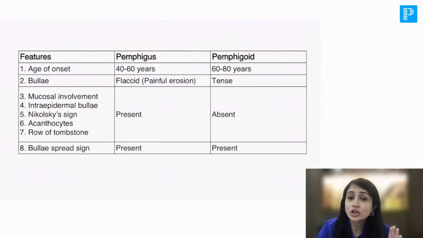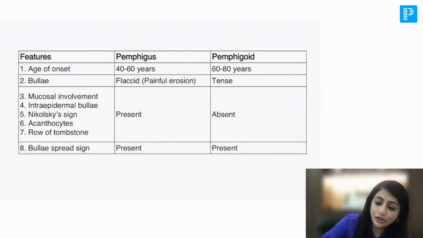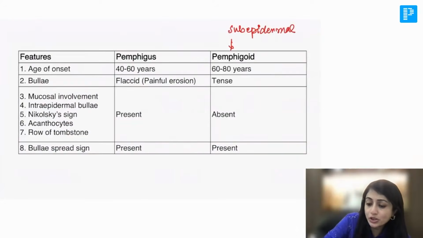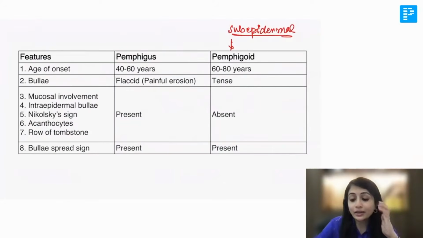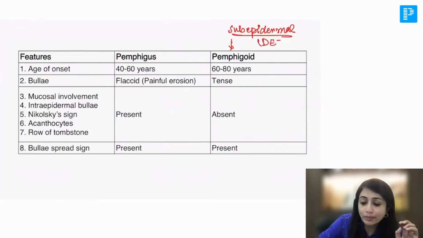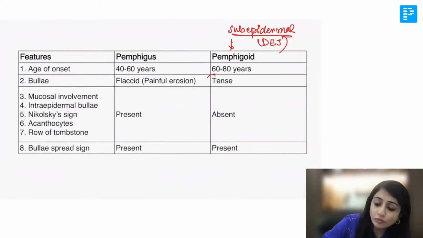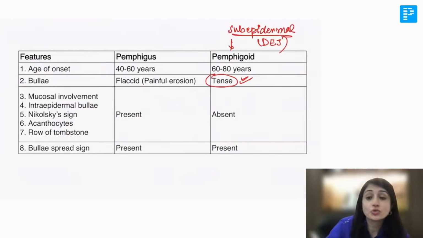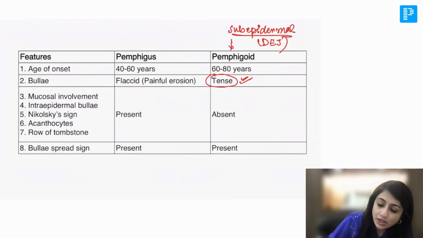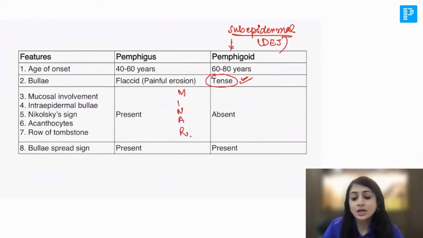How do you differentiate between pemphigus and pemphigoid? So pemphigoid is a prototype of subepidermal immunobullous disorders, where the split is happening at the level of dermoepidermal junction, right? Now here, the kind of bulla that you see is tense. And you see MINAR being positive in pemphigus and absent in pemphigoid group.